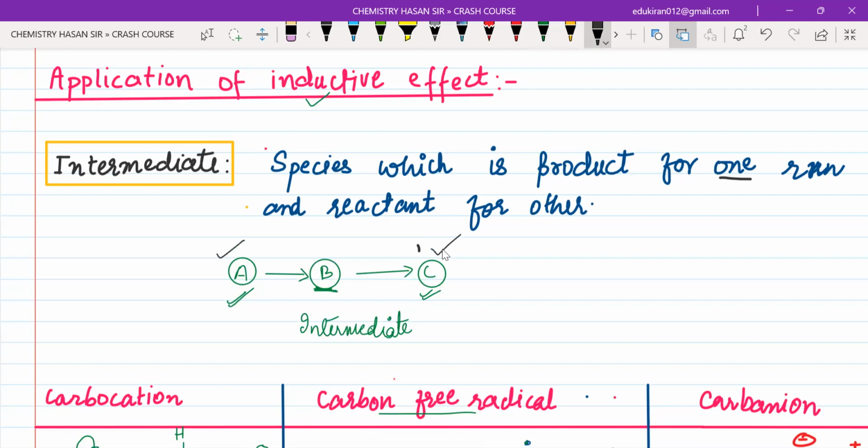Is that clear? This intermediate is in between the main reactant and the main product.